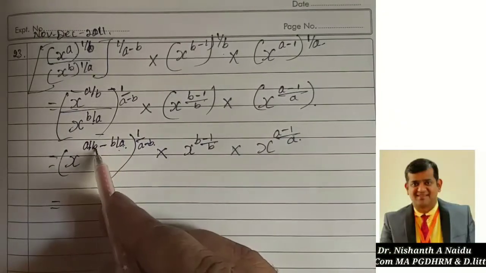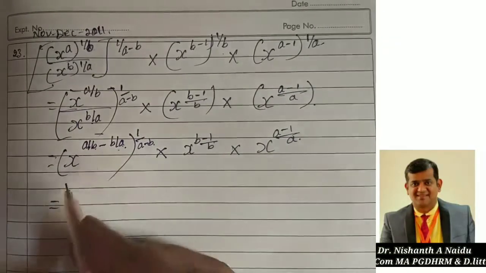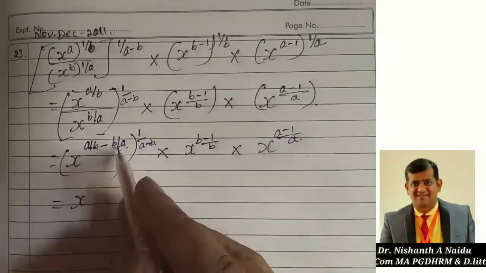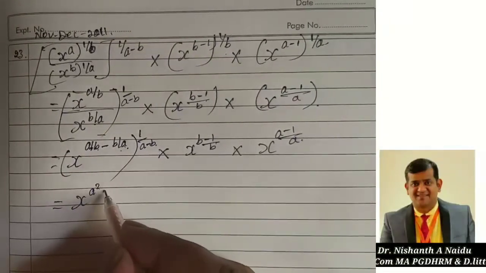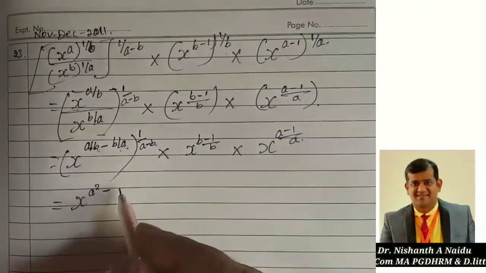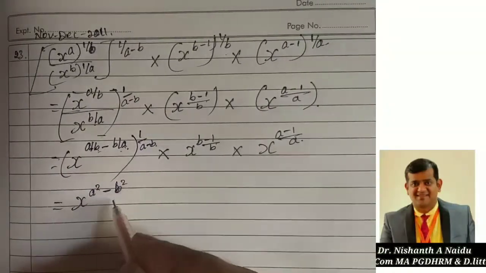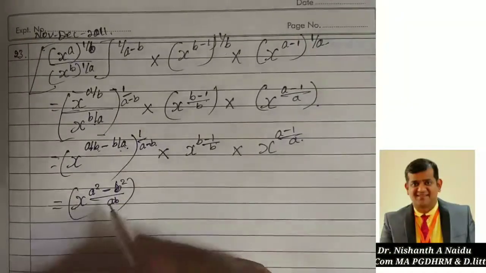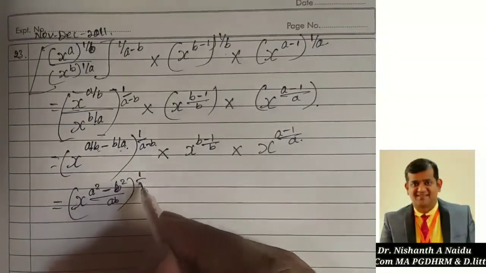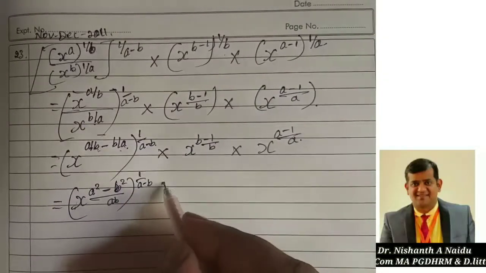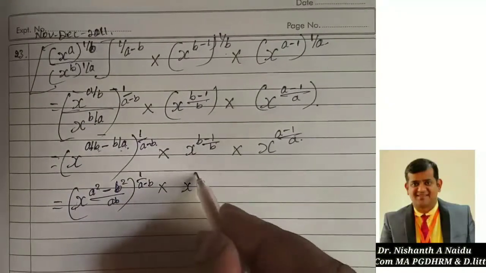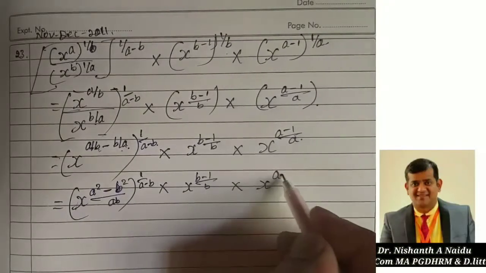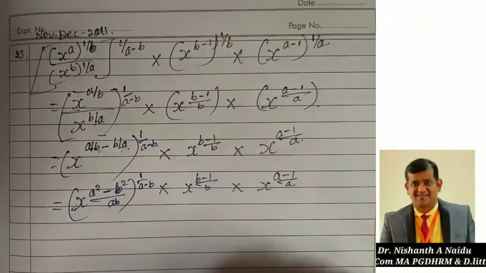A into a square, b into b square. So that we will do x to the power (a into a square minus b into b square) divided by ab, whole power 1 divided by a minus b, into x to the power b minus 1 divided by b, into x to the power a minus 1 divided by a.